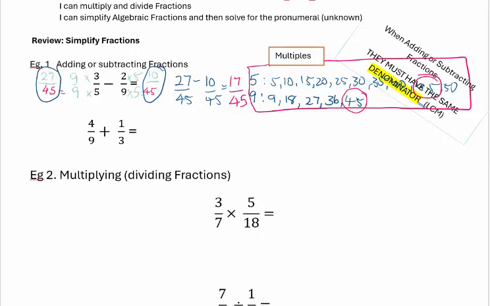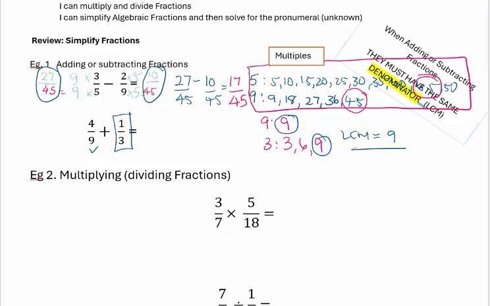If I use that same strategy with 9 and 3, I go 3, 6, 9, so 9 times 1 is 9, 3 times 3 is 9, so you'll see that the lowest common multiple equals 9. This one's already 9, so it's fine. I only have to change the 3rds to 9ths. What do I have to multiply 3 by to get 9?